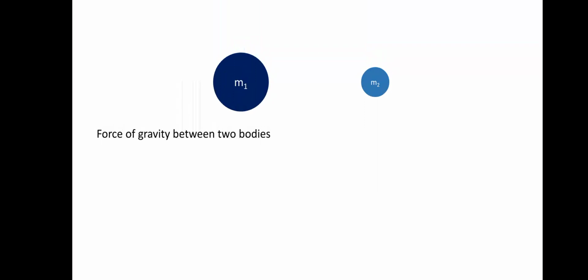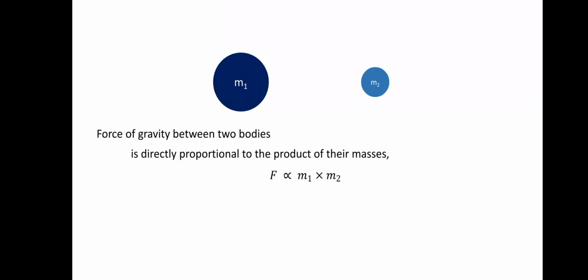And again, if the bodies have less mass, then the force of gravity between the bodies will also be less. So we can say that the force of gravity between the two bodies is directly proportional to the product of their masses, and this can be represented mathematically as F proportional to m1 into m2.